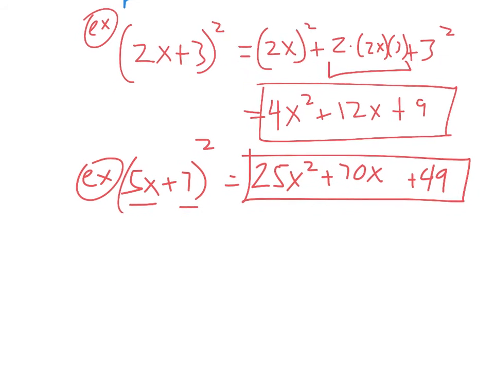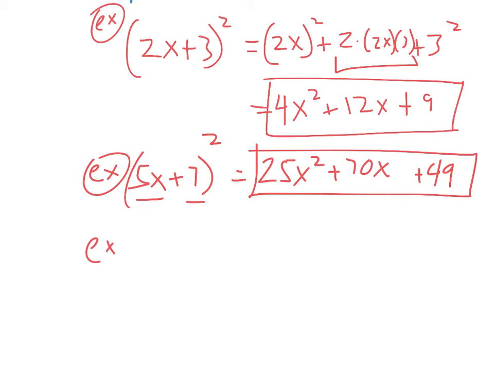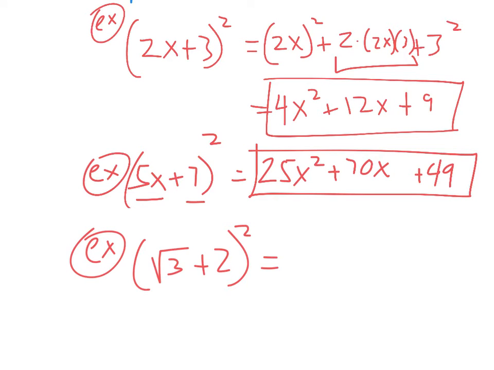And it shows up nice when we're dealing with radicals also. If we have, let's say, (the square root of 3 plus 2) squared. Okay, well, it's still (a plus b) squared.